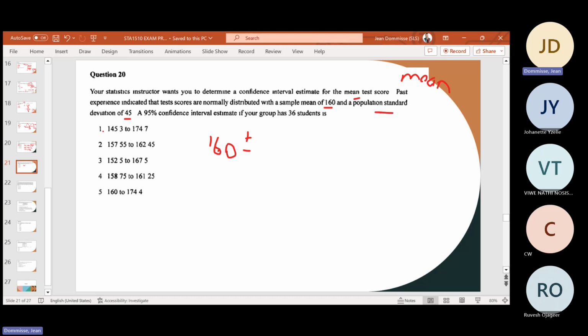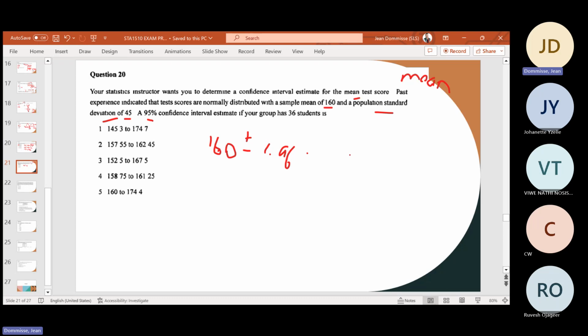The population standard deviation is known, so we use a Z. Z of 95 is 1.96. Okay, so important, they tell us the population standard deviation.